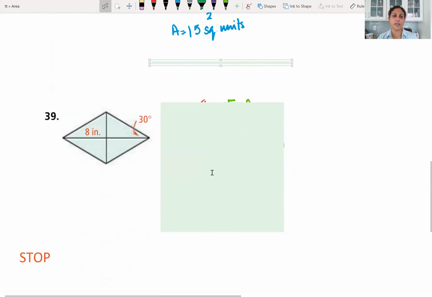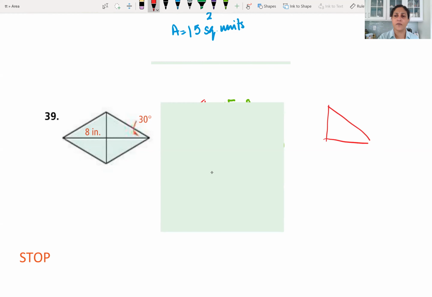In the second question, 8 is the measurement of half the diagonal. So on the right side, we have a triangle, and the measurement of the base here is 8, and this angle is given as 30. So you have to figure out how much this other diagonal is. And it turns out if that other diagonal is x, then x radical 3 is going to be 8.